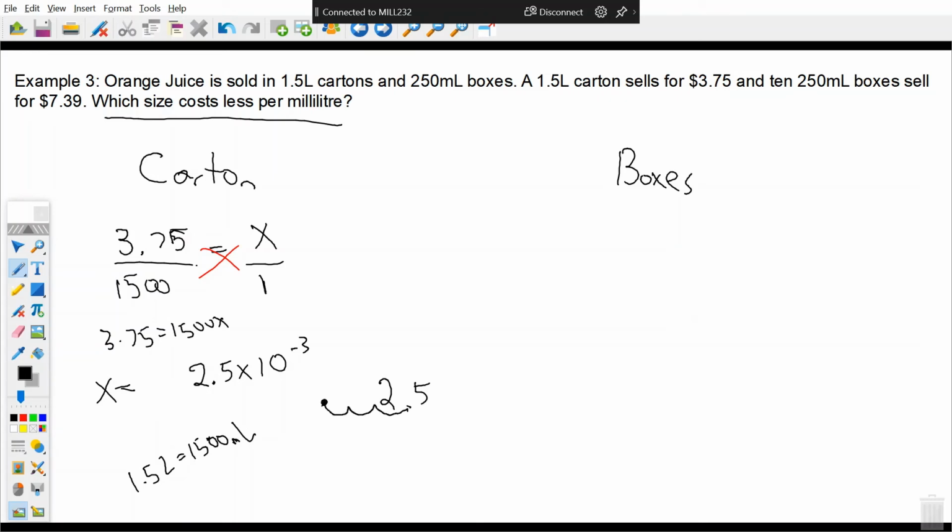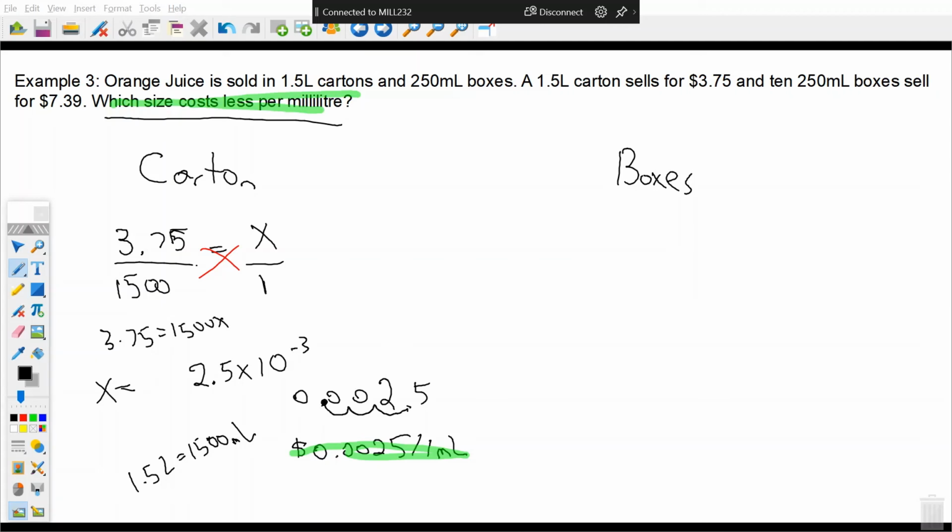This is where our new decimal is. So our value is 0.0025. This is the price per 1 milliliter. Highlight that so we can see it.